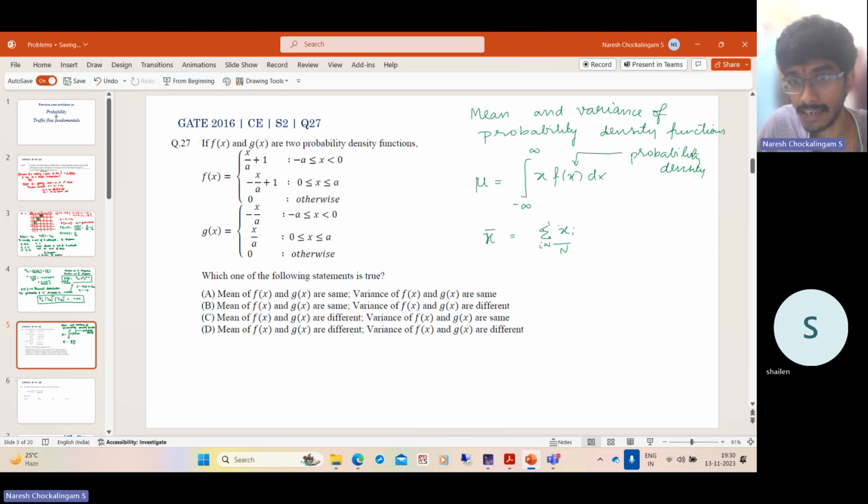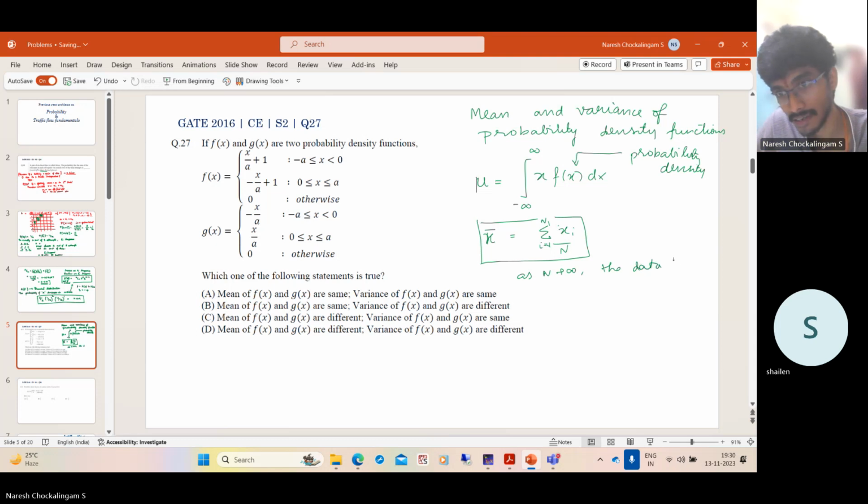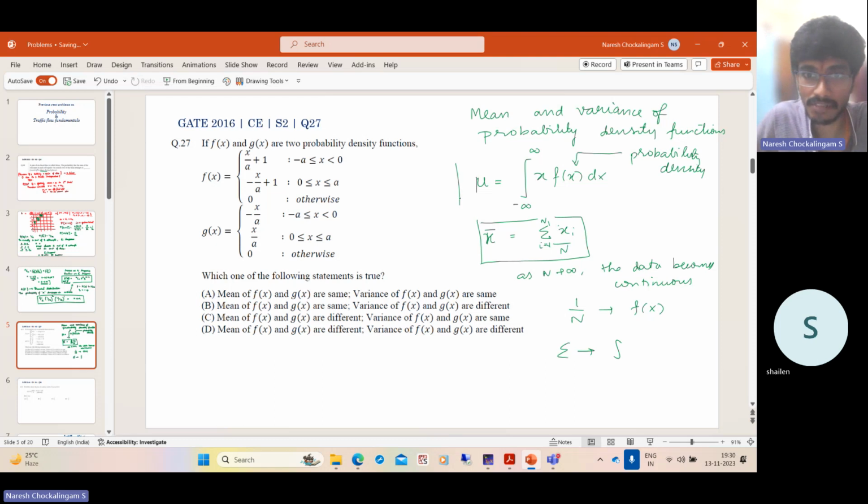So this is for discrete data. For discrete data, we take this as the mean, which is a measure of centeredness. So as n tends to infinity, the data becomes continuous. And this quantity 1/n tends to the probability density function. So therefore, the summation becomes an integral, and this is the expression for the mean of a continuous random variable.